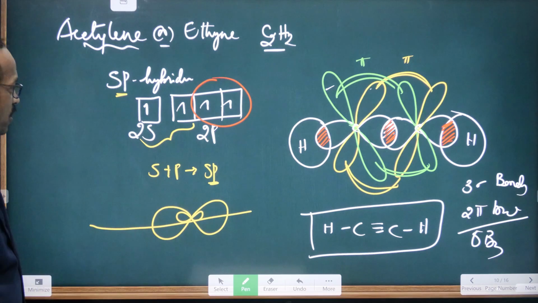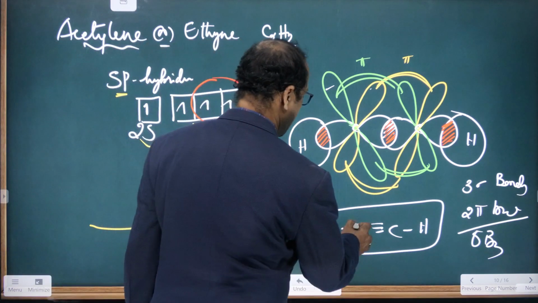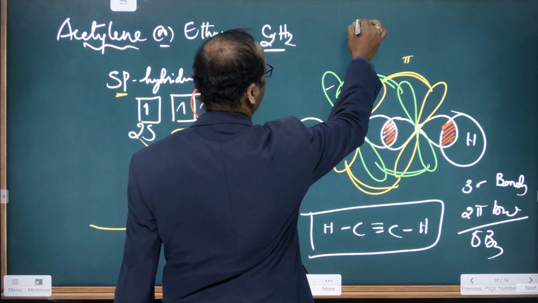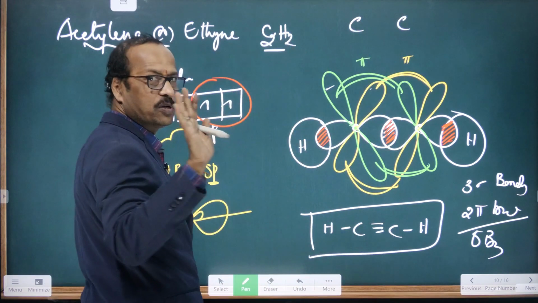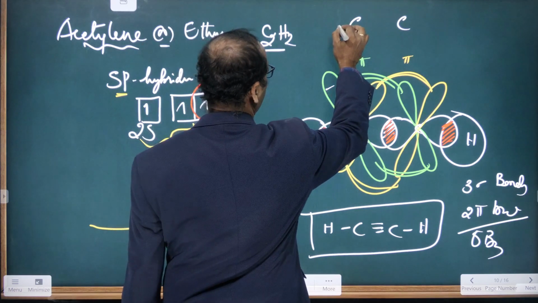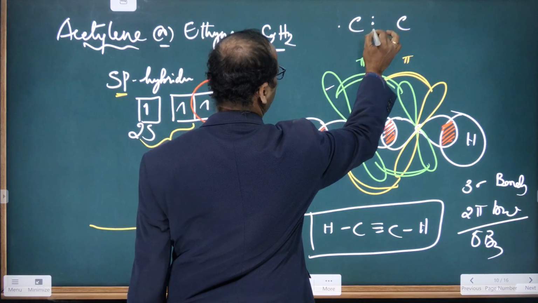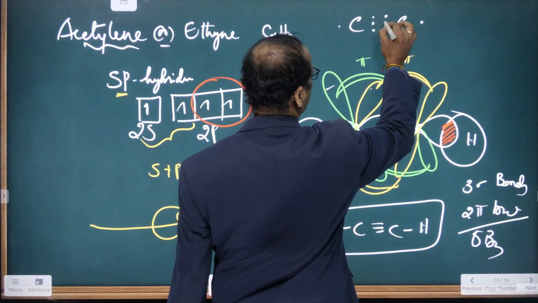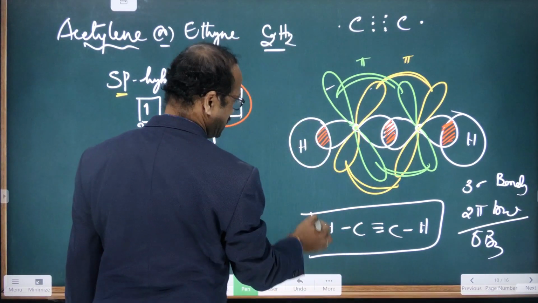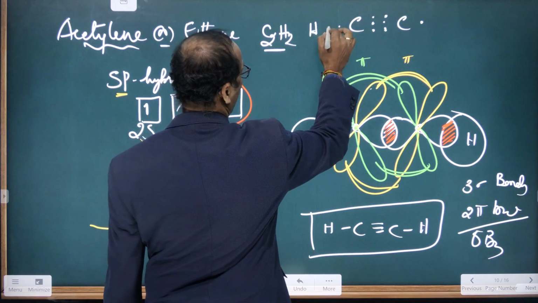Electron dot structure. How can you draw the electron dot structure? Very simple. See, 1 carbon, another carbon. Carbon valence is how much? 4. So what we do? Here put 1 electron, 2, 3, 4 like this. Other carbon is also 4. Put 1, 2, 3 dots. And this is 1 hydrogen, so hydrogen, 1 electron.